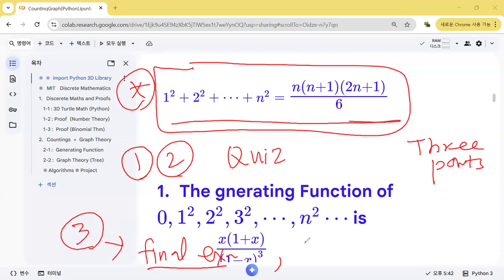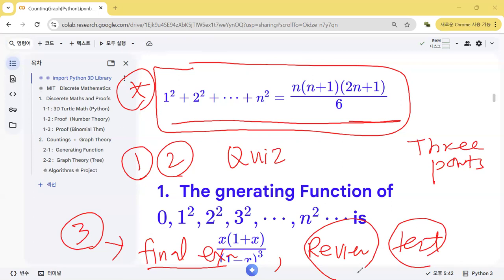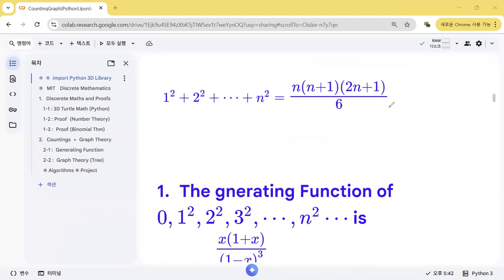For the final examination, this was also the review test. So the review test comes with four problems. The first problem is what? As I announced in WhatsApp, the grade test problem.